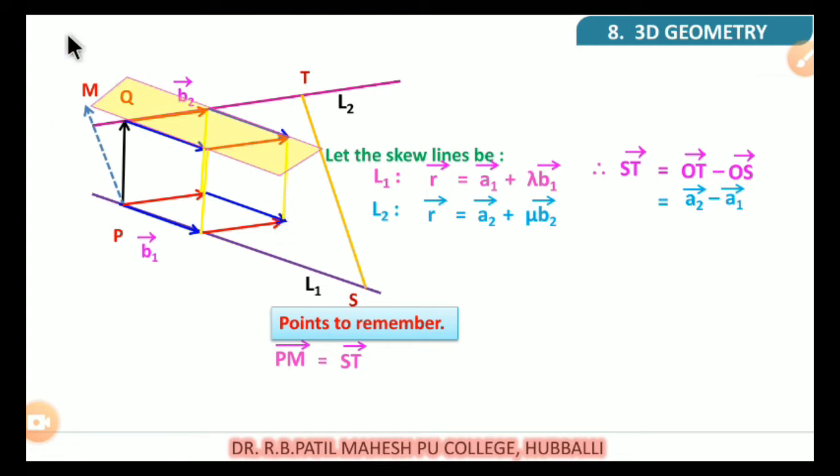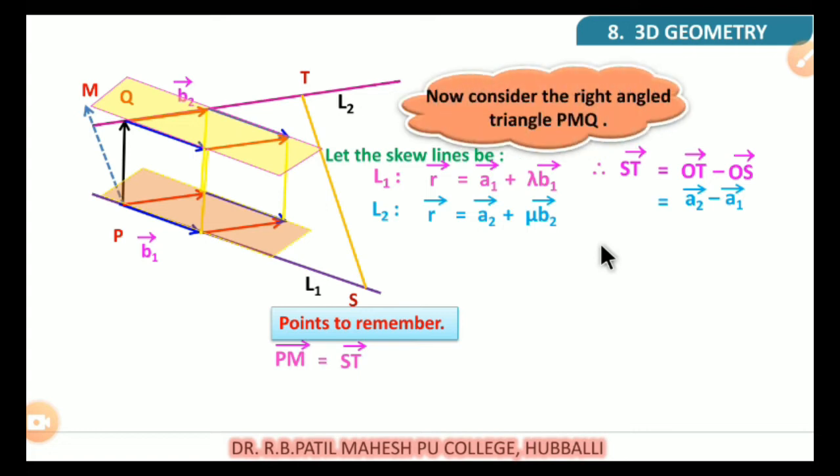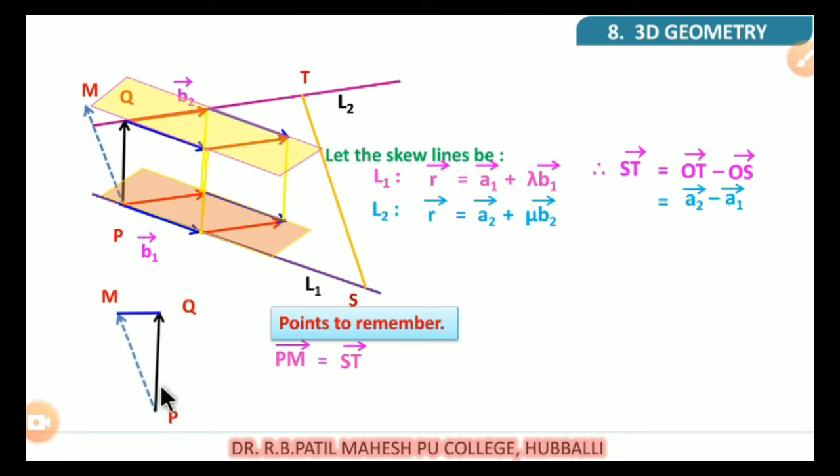So this is one plane, and here I am considering another plane. So now the distance between these two planes is the shortest distance, so that this PQ becomes the shortest distance between these two lines. Now consider the right angle triangle PMQ.